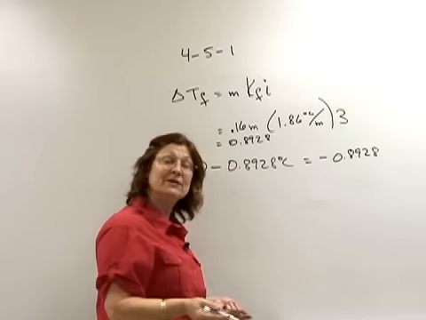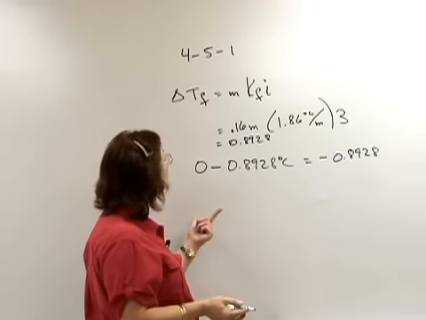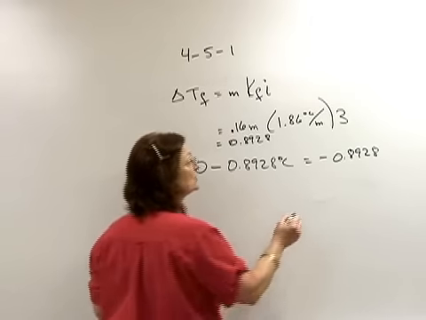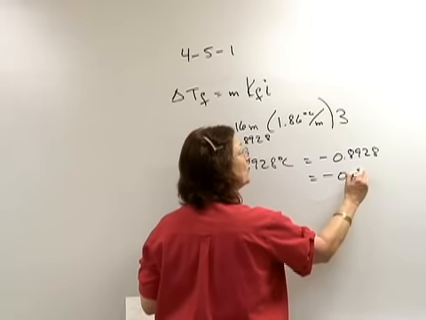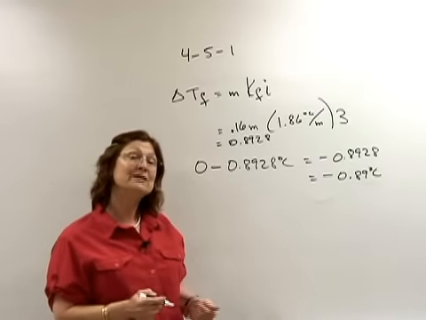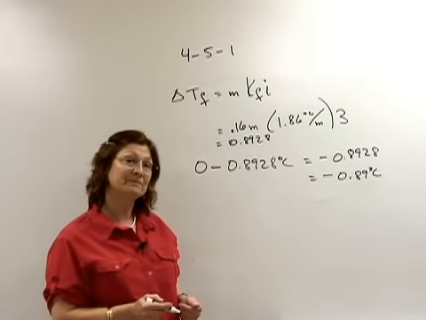Then we follow significant digit rules. We look back at our original problem, and we were using that 0.16, so I need 2 significant digits. That will be negative 0.89 degrees Celsius. That is our new freezing point for this solution.